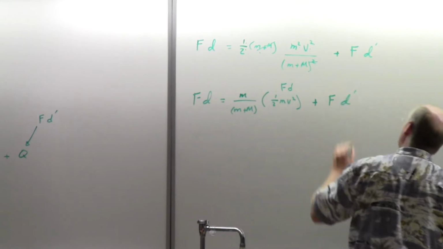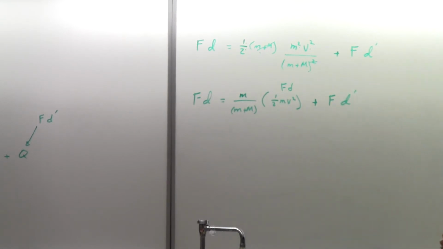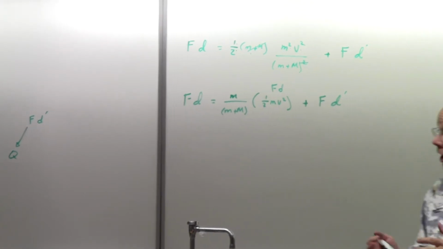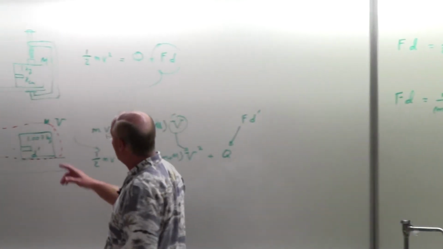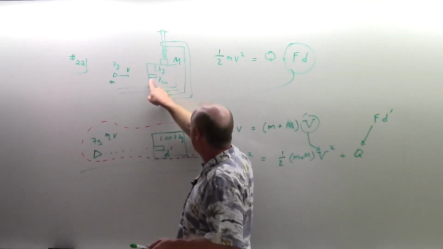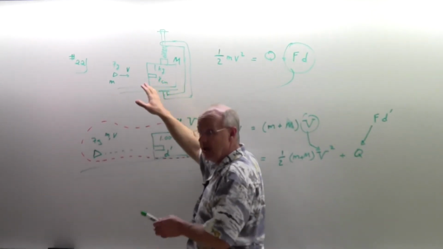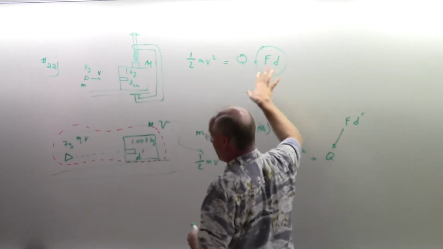Now, again, if I remember back to chapter 5, as the bullet is penetrating through here, what kind of friction is this? It's a kinetic friction, right? And what was nice about kinetic friction is, wasn't it the same value regardless of how fast or slow it was going? So as this bullet comes in and it's going very fast and then slow, the force was the same. That's why the energy was just force times distance.